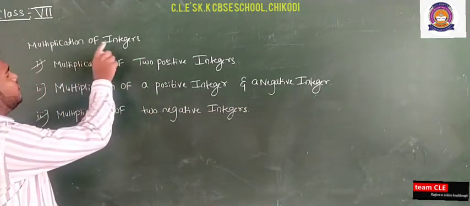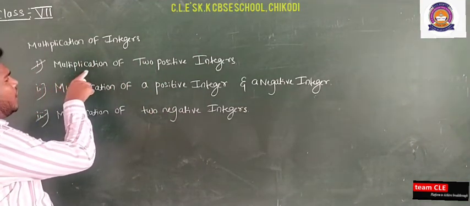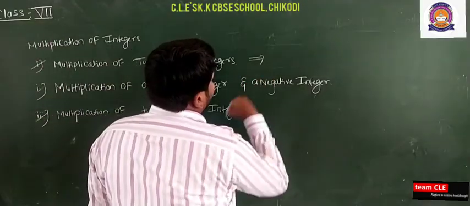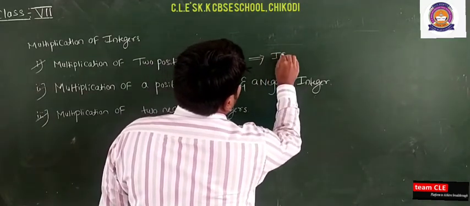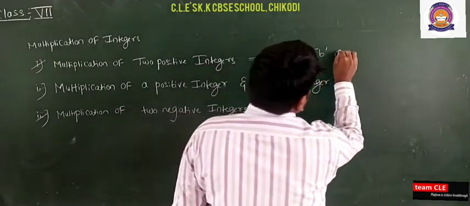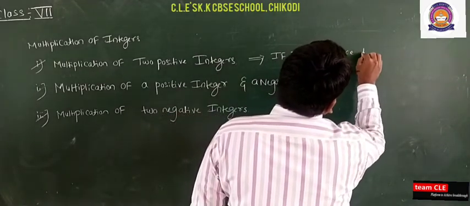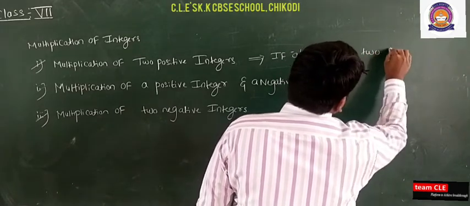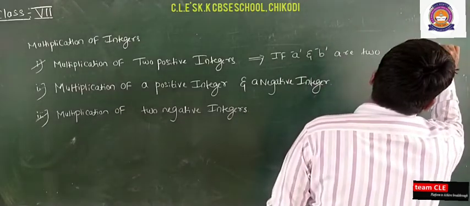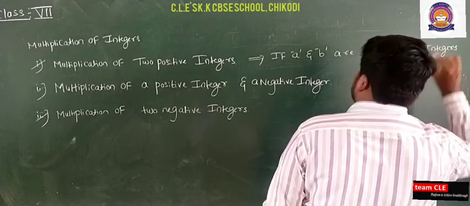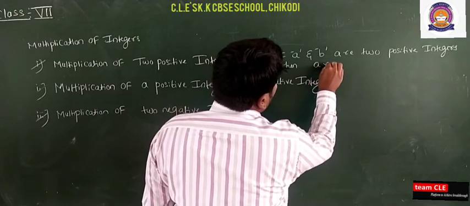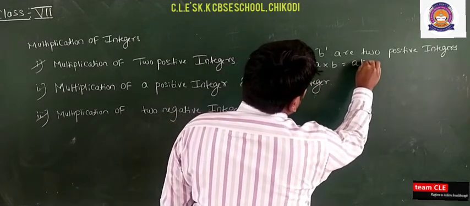See here, first you are going to study multiplication of two positive integers. If a and b are two positive integers, then a into b is equal to ab.